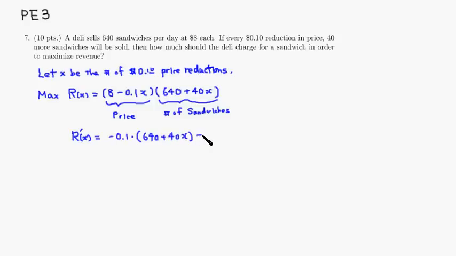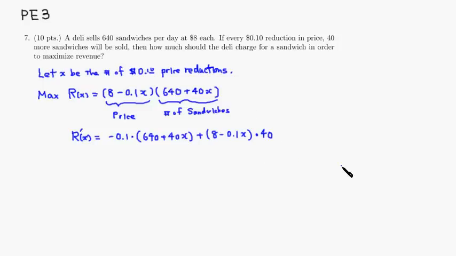Plus the first, 8 minus 0.1x, multiplied by the derivative of the second: derivative of 640 is 0 since it's a constant, and derivative of 40x is just 40.